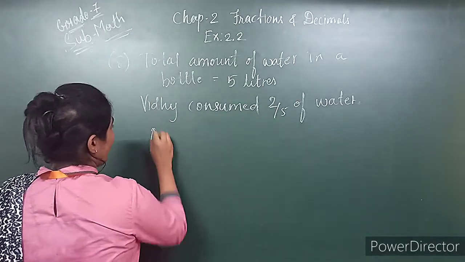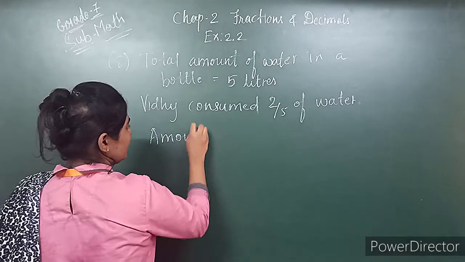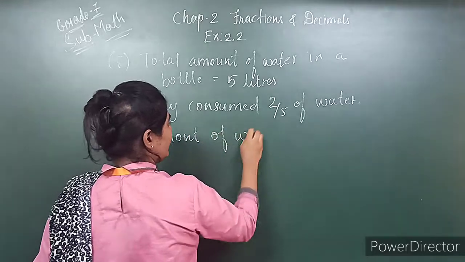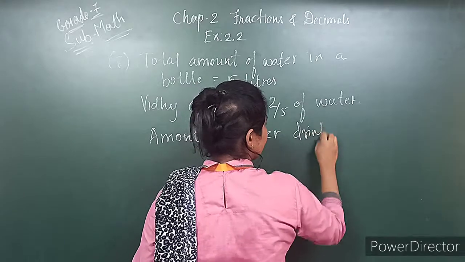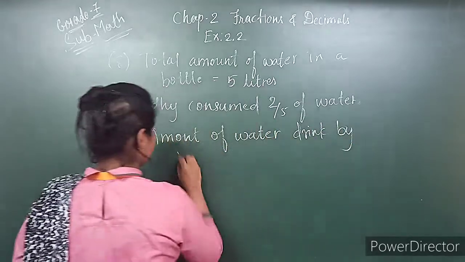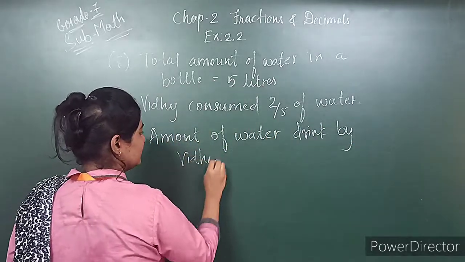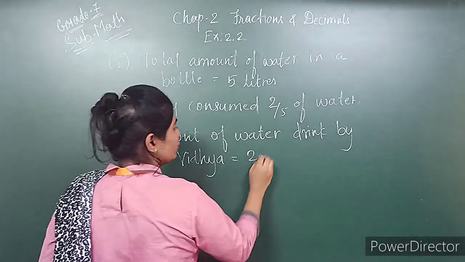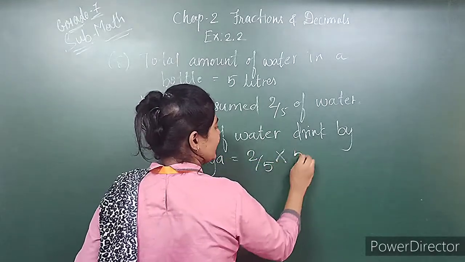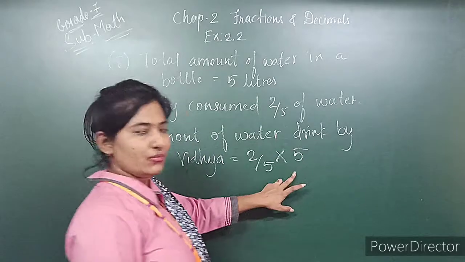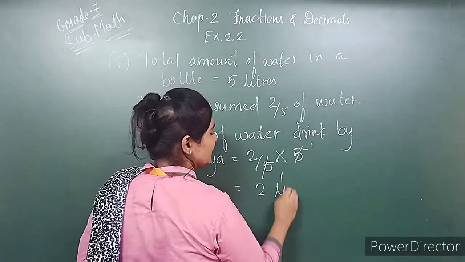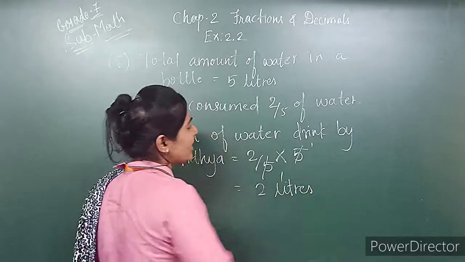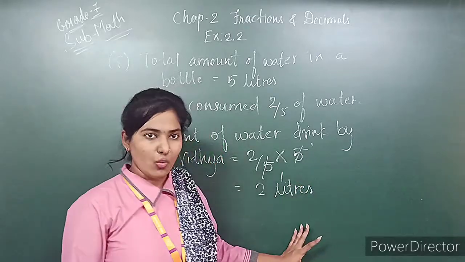So the amount of water consumed by Vidya is equal to 2 by 5 of water. It means we have to multiply it with 5. So here 5 cut, so here 2 liters. So Vidya consumed 2 liters of water.